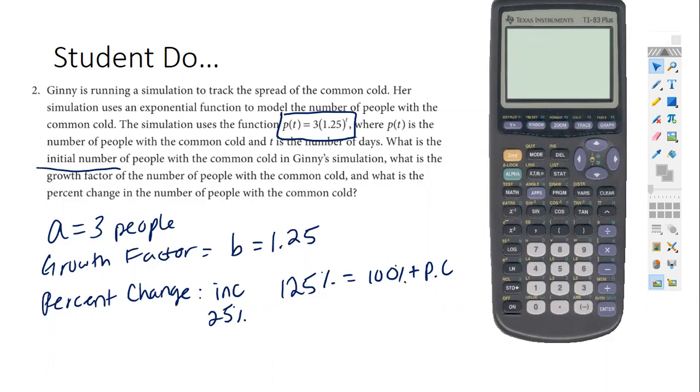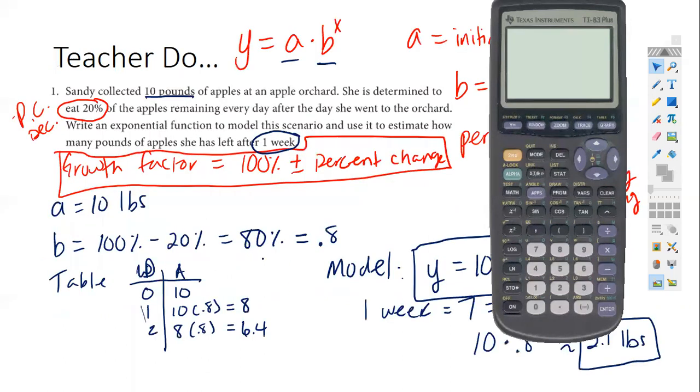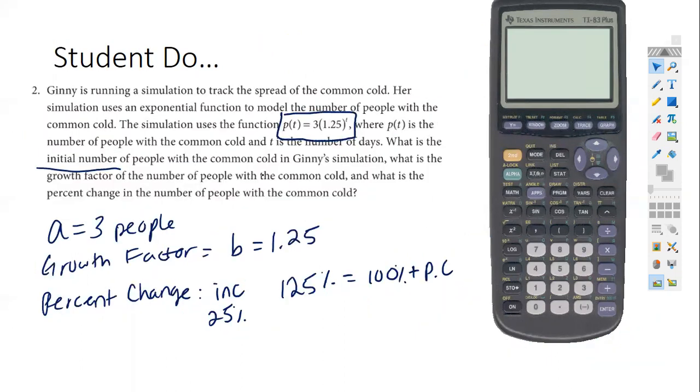How do we feel about going backwards? So we were given the model and we had to interpret the model. Yes? Good? Confusion points. Which part? Okay, so remember we wrote right here, our growth factor equals 100% plus or minus your percent change, right? So if I know my growth factor, I can find my percent change by subtracting it from 100.